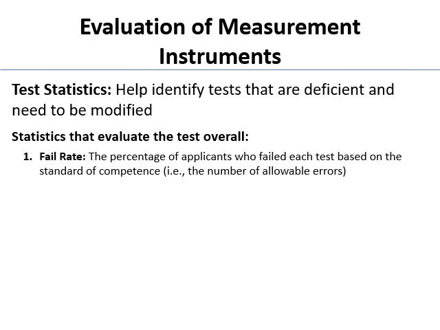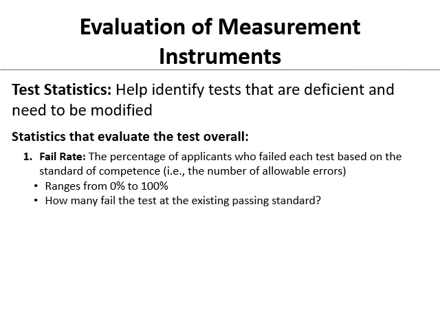So if there's failing on the thing that you're evaluating, it's the percentage of applicants who fail each test based on the standard of competence. So if you allow 3 errors, then it's the percent who fail at your standard of competence of allowing 3 errors. So your fail rate, not shockingly, can range from 0 to 100%.